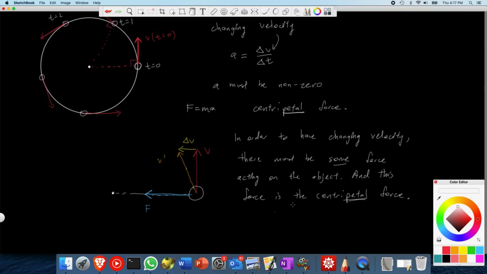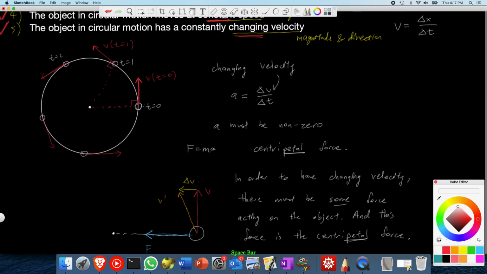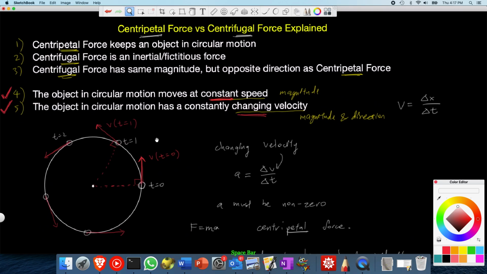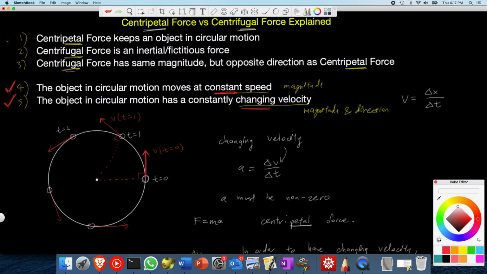So that is what the centripetal force is. The centripetal force is the force that changes the velocity of the object such that the object can maintain its circular motion. So we have then covered property number 1.